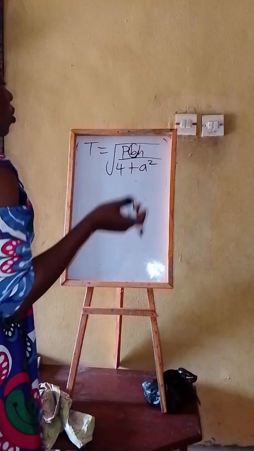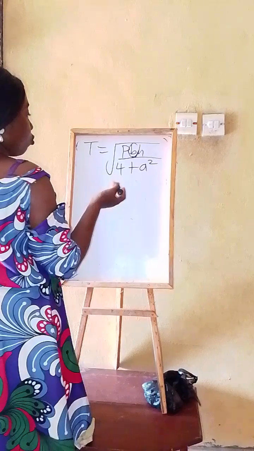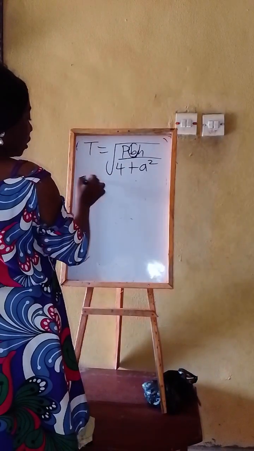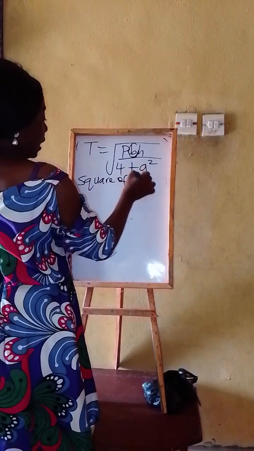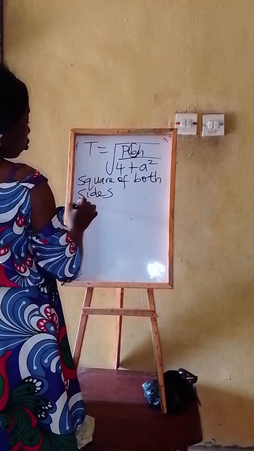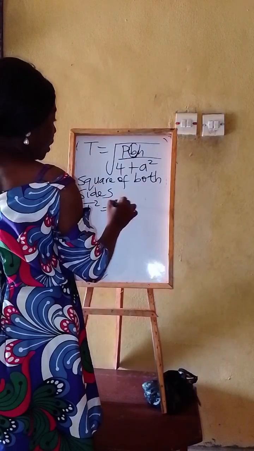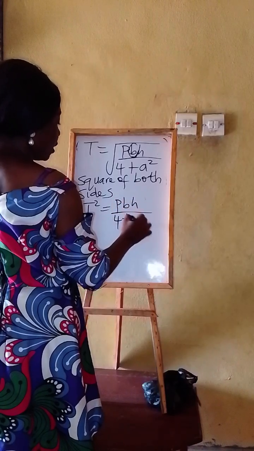When you have something like this, the first thing to do is to take the square of both sides. So we have t squared equals pbh over 4 plus a squared.